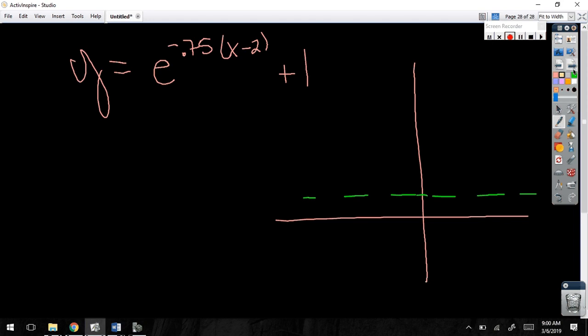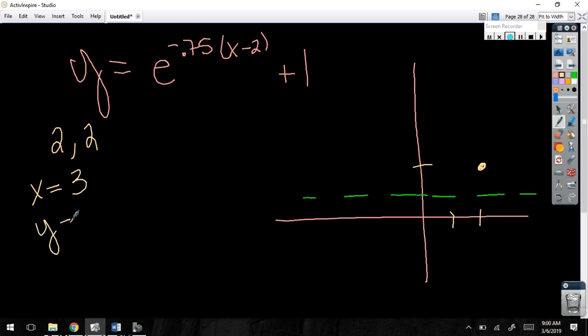All right, give me an easy point on the graph. 2, 2. Nope. If A is negative, it's below. What easy point should we use? 3.